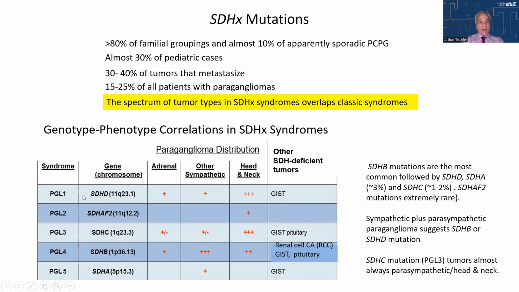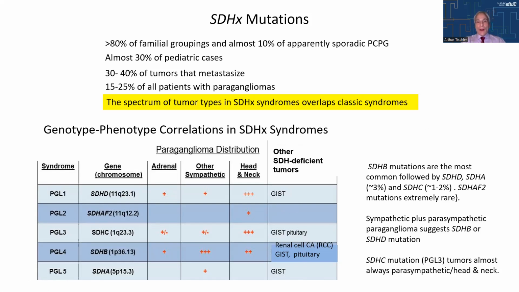So this table briefly lists the locations and the types of syndromically associated tumors in paraganglioma syndromes associated with mutations of the different SDH genes. And notice that a common finding in several of these is the presence of gastrointestinal stromal tumor or renal cell carcinoma. Pituitary neoplasia may also occur in some patients.